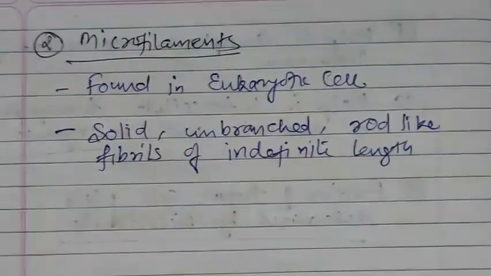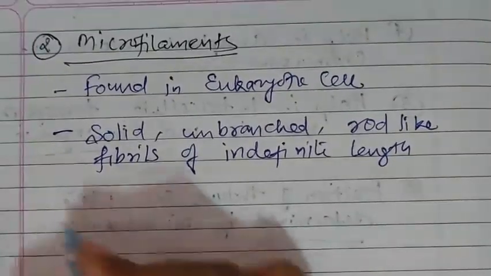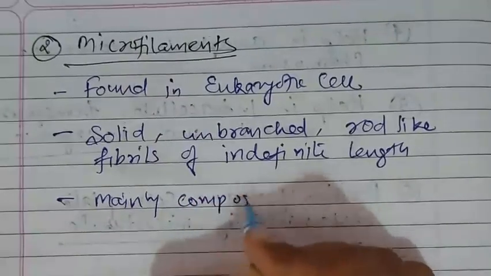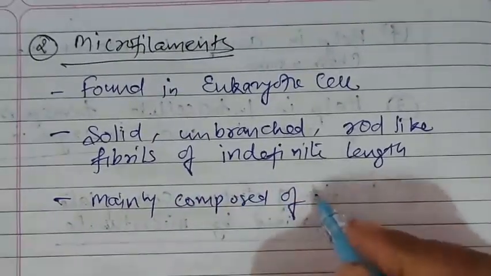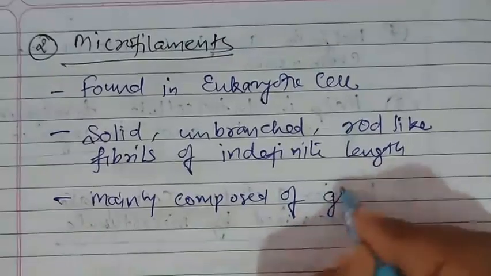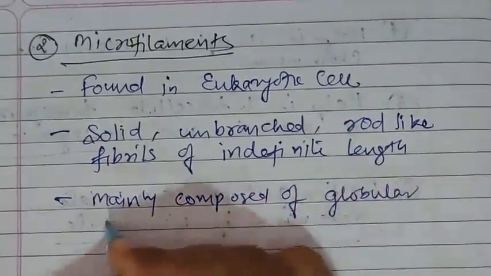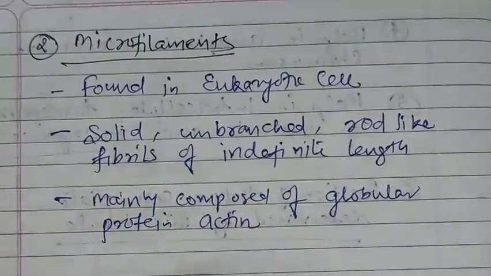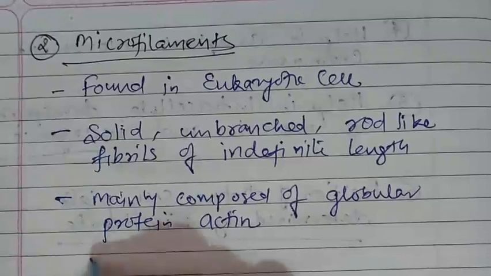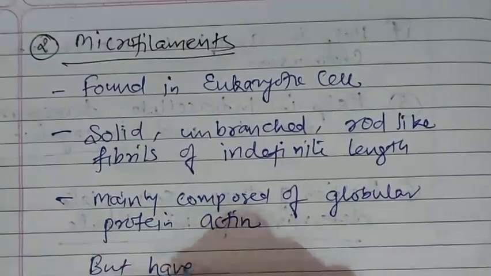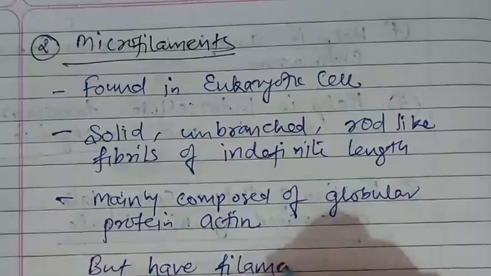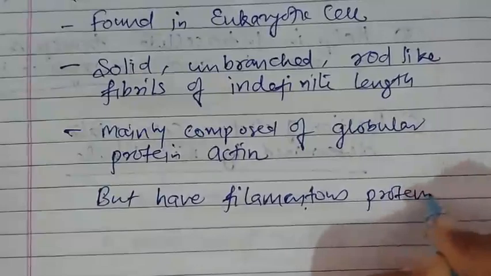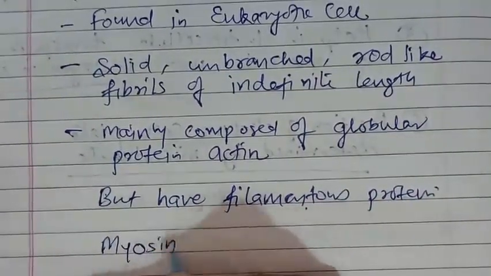They are mainly composed of the globular protein actin, but have the filamentous protein myosin also.